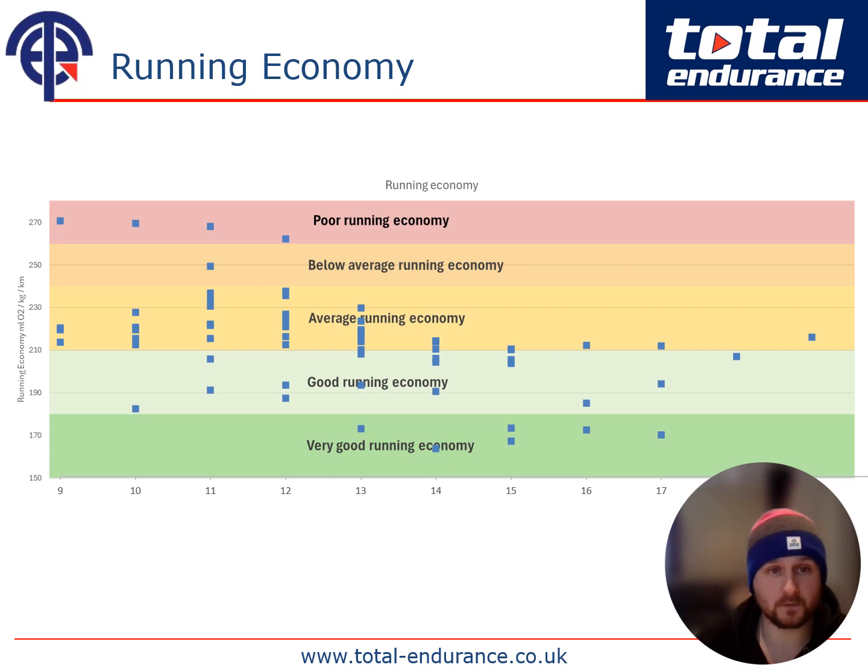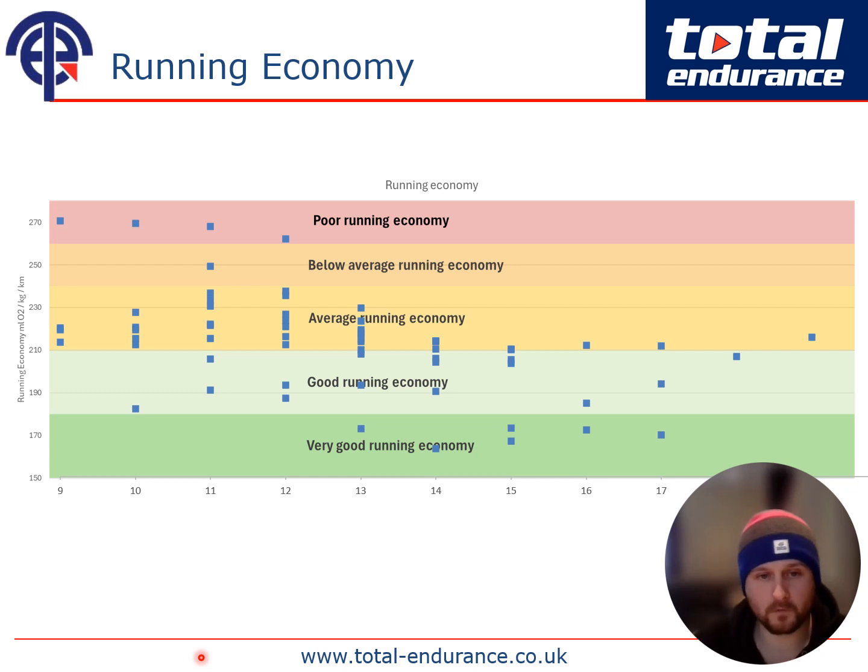Now if you were to take those two runners, if I didn't know anything about them other than this data here, one of the runners is running at about 180 milliliters of oxygen, whereas this runner up here is using 270 milliliters of oxygen.